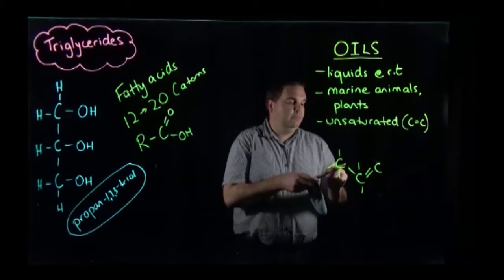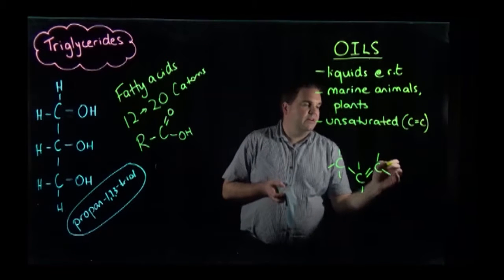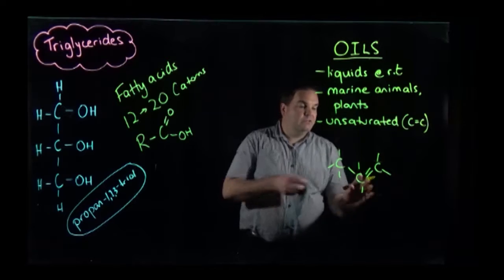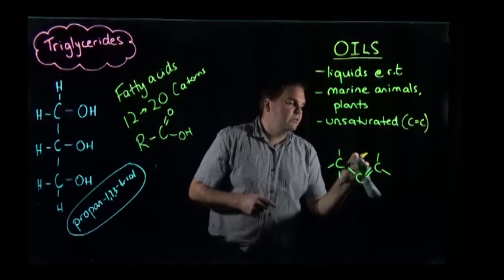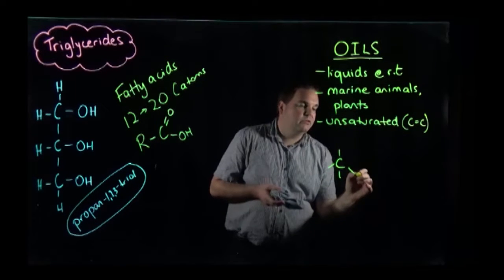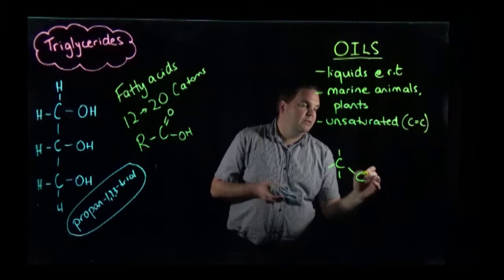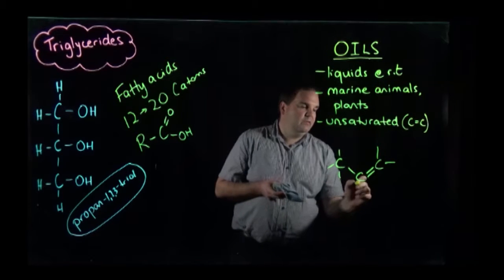So if we do it here, make this into a trigonal planar arrangement around our carbon atoms now. Okay, and so this one here is going to shift as well. So we're actually going to end up with, if this is our carbon, if we then have a carbon-to-carbon triple bond there, and like that.